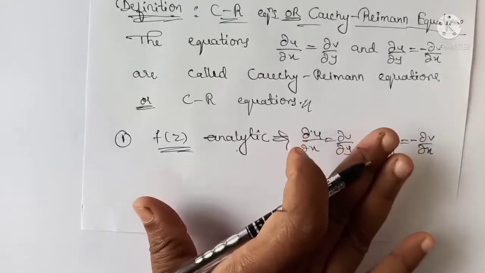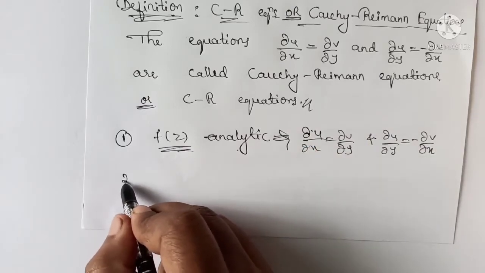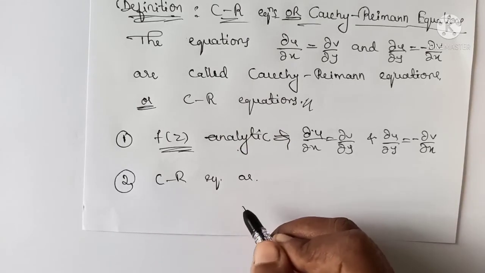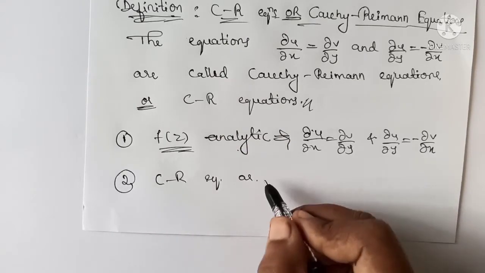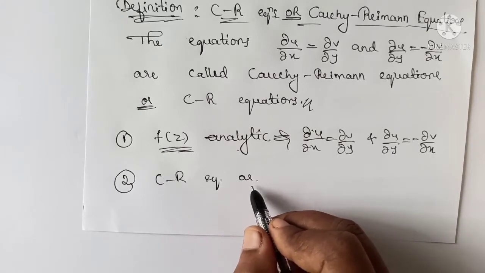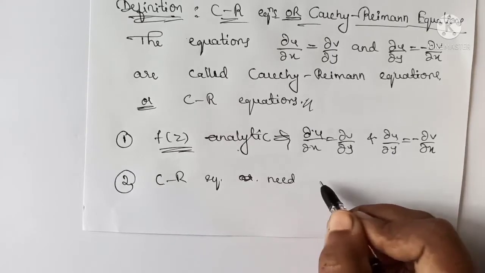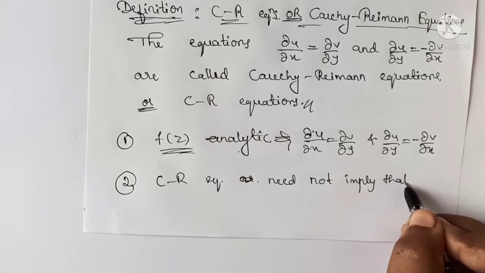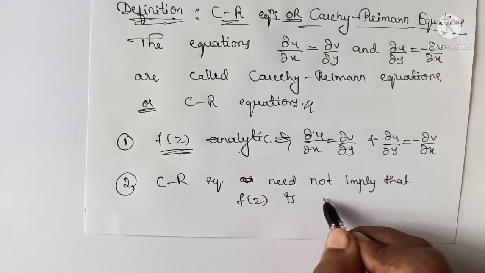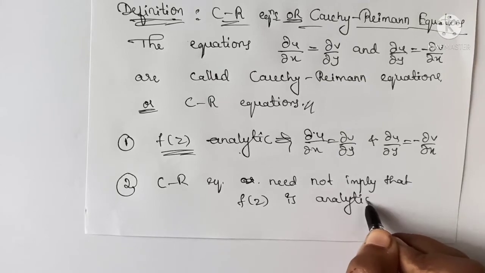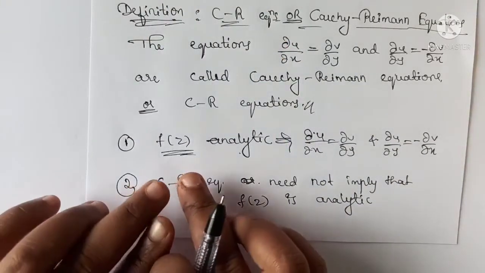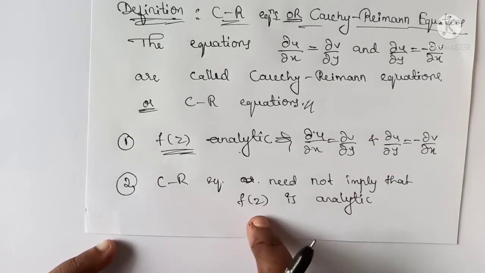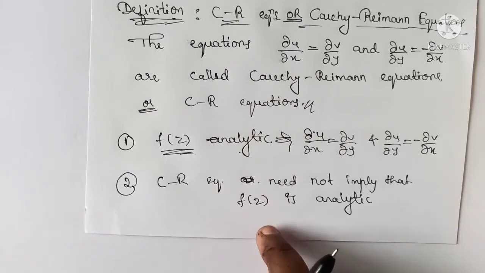Since these are only necessary conditions, CR equations being satisfied need not imply that f of z is analytic. So any analytic function satisfies the CR equations, but any function satisfying the CR equations need not be analytic.